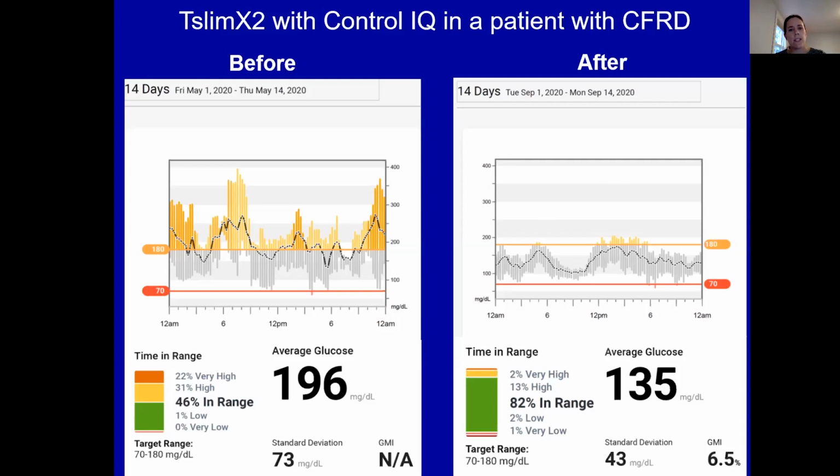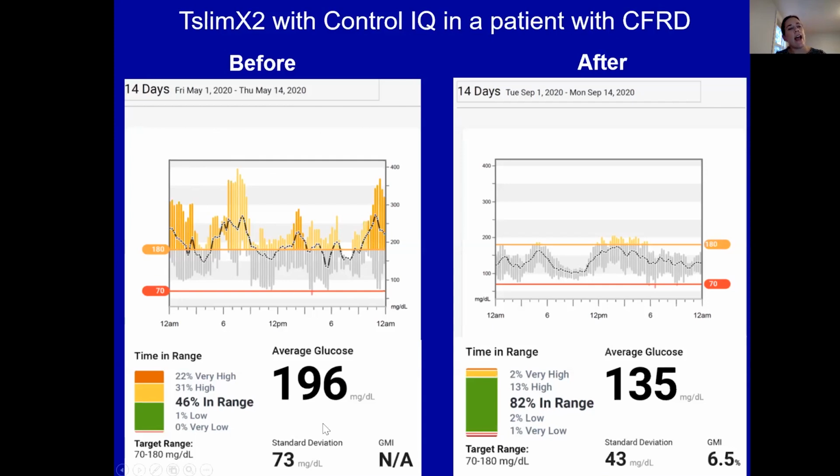He was using the Dexcom G6, but having a hard time managing his diabetes. And this report on the left is an example of 2 weeks of Dexcom data prior to switching to the t:slim Control-IQ. So he was using just regular insulin injections.